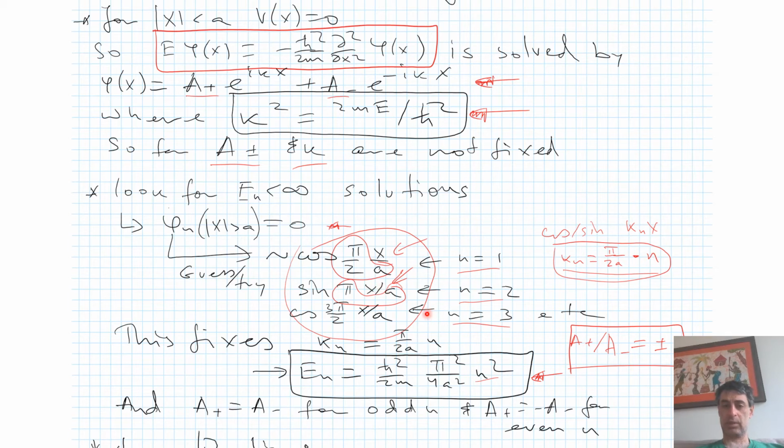And that basically just guarantees for you that these are sines and cosines that appear in this pattern, but more importantly, or more simply, the k's that are allowed by this equation are very specific. They're basically k_n equal pi over 2a times n, and that's just to make sure that you fit a whole number of half periods in there.